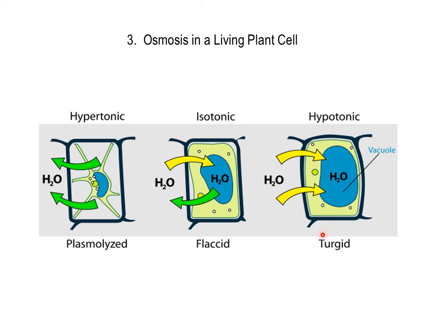We call that being turgid. You'll notice that the vacuole itself on the inside is actually bigger. You should be able to observe that. Conversely, if you put in a very salty solution, a hypertonic solution, essentially the water inside the cell, which has a mind of its own, will rush out of the cell and try to dilute the very salty solution out here, leaving the cell membrane peeled back from the cell wall. And we call this plasmolyzed. So all those terms are important.